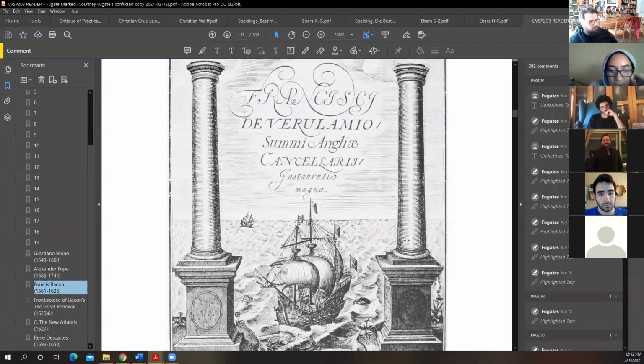I'm kind of confused because this is supposed to be the sea, but we have these tall, I don't know what they're called. Pillars?